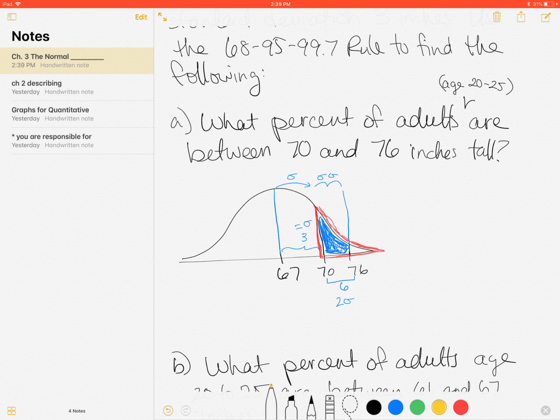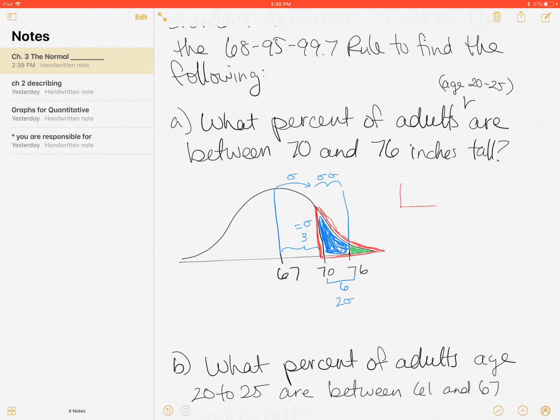It just doesn't want this little piece. So what we want, the blue piece, is like the whole right red chunk minus the green chunk. So what we're going to do is we're going to find the area of the red chunk.